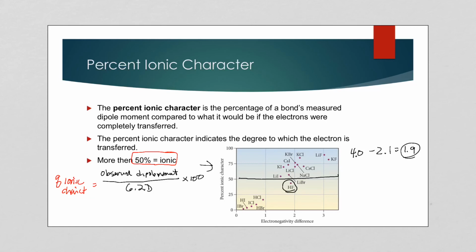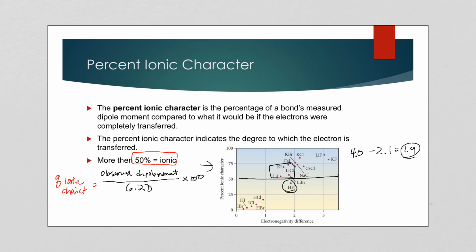Now, the ones that start to confuse people are the ionic compounds that fall in this difference in electronegativity range below 2. So simply based on difference in electronegativity, you would calculate these to be covalent.